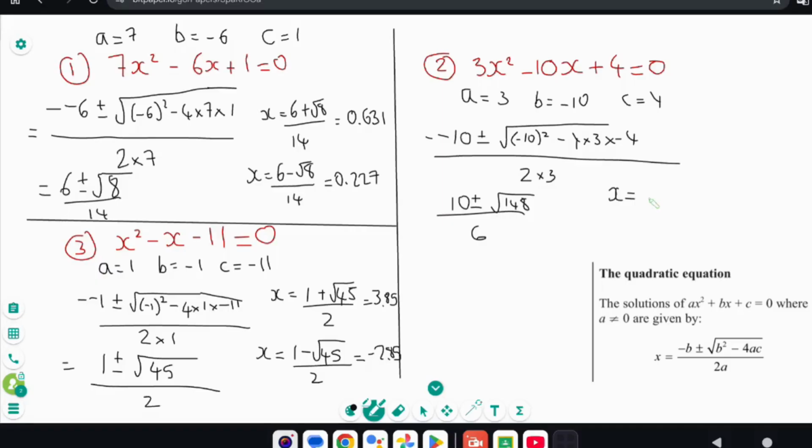So one of my x's is 10 plus root 148 over 6, 3.69. And the other is 10 minus root 148 all over 6, 0.361 to 3 significant figures.